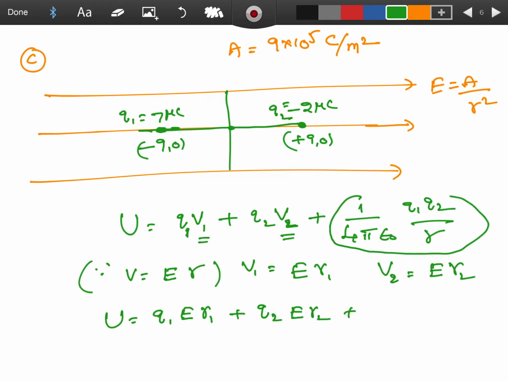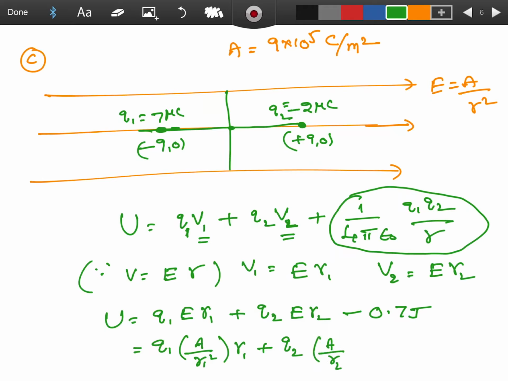Q2 by R. No need to calculate, this one already is calculated in the first question. 1 by 4 pi epsilon Q1 Q2 by R, you got minus 0.7 joule. Q1 is A by R1 square into R1, Q2 is A by R2 square into R2 minus 0.7 joule.